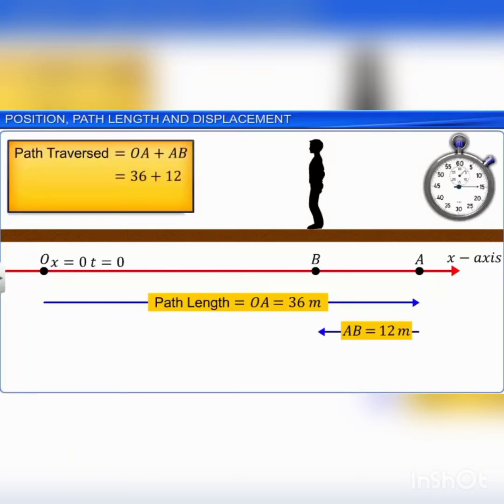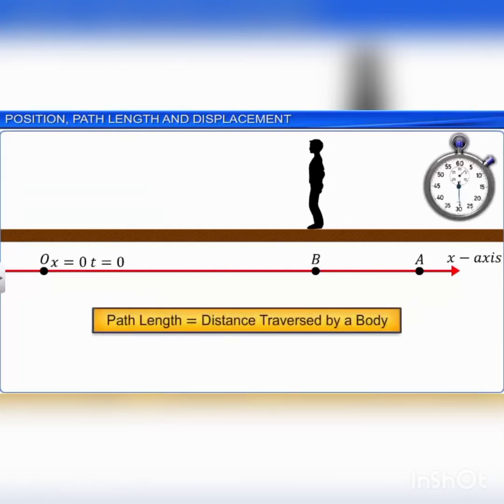The path length is a scalar quantity as it has only magnitude and no direction. Path length is the distance traversed by a body, whereas displacement is the change in the position of the body.